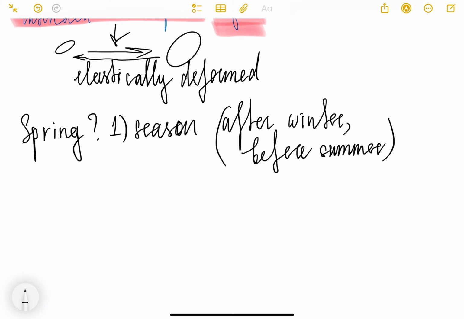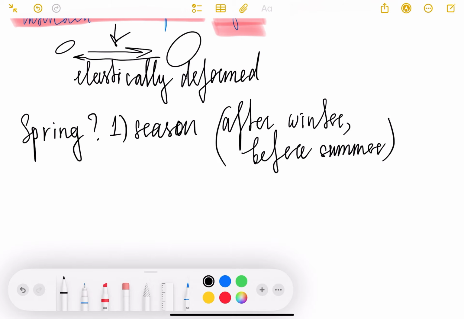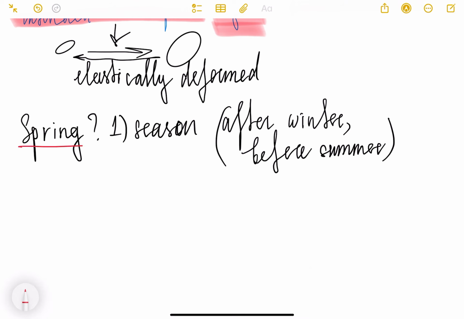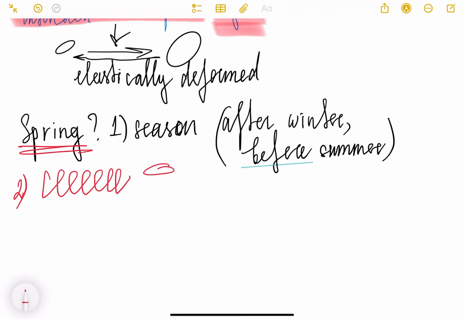But the second meaning of this word is the springy thing inside of the car. I think you know about it. Something like this, or like this. And it is used in a car.